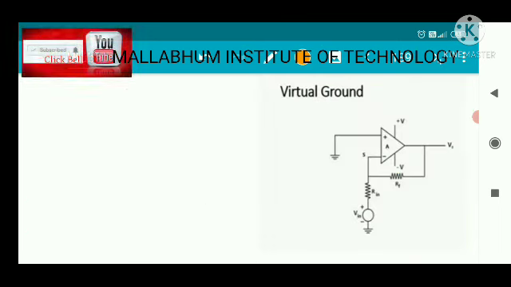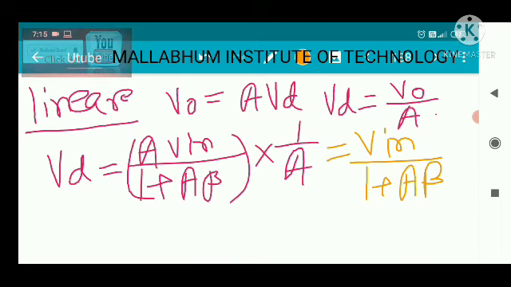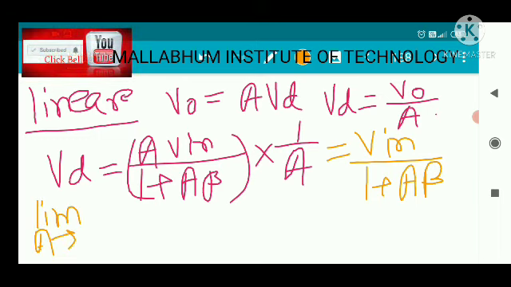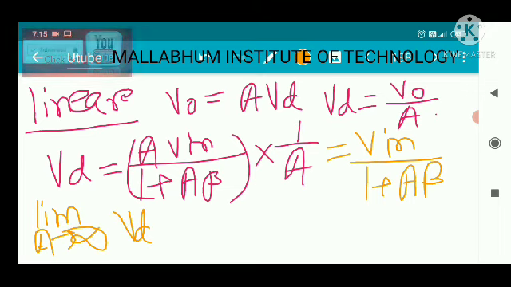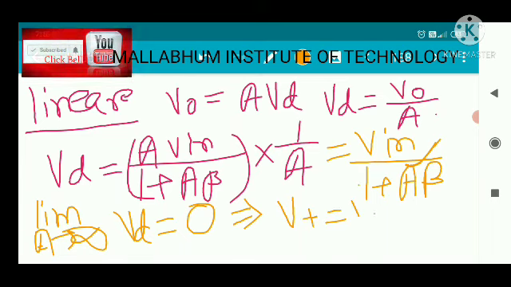Now if the open loop gain is infinite, then limit A tends to infinity, and as this gain is infinite, this term will be very high, so Vd will be 0.